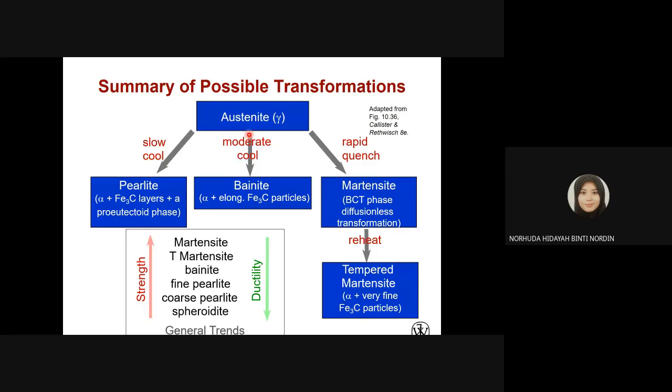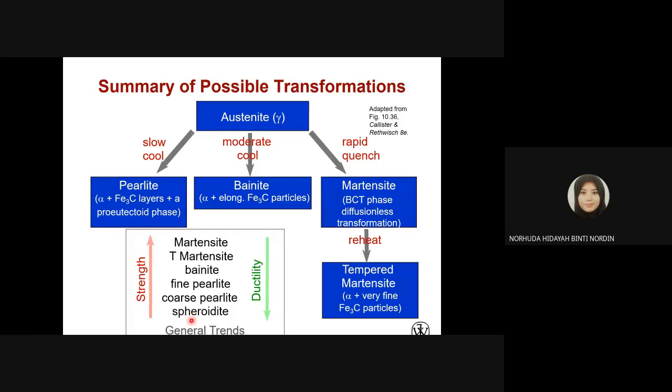If you cool moderately, you will get bainite. If you cool rapidly, you will get martensite. And then when you heat martensite, you get tempered martensite. So this is the mechanical properties of these phases.